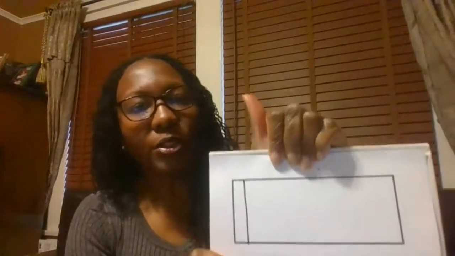So 1. And this is not going to be perfect because I kind of have to eyeball it. So we have 1, 2, 3, 4, 5, 6, 7, 8, 9, 10, 11, 12.